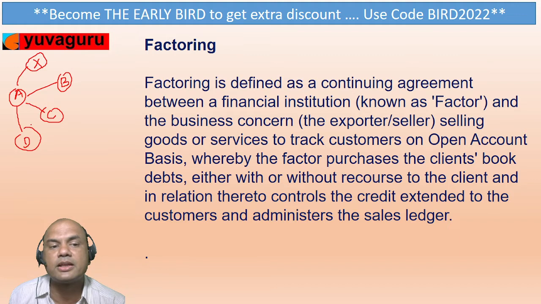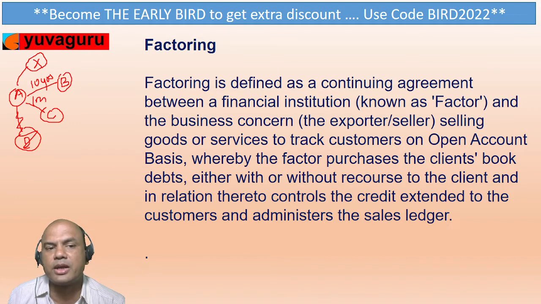What do you mean by this? Let's say A and B are dealing for the last 10 years, and A to C are dealing from the last 1 month, a new customer. Let's take only 2 examples, forget D. So one is dealing for 10 years, second is with 1 month. If I am the bank and I am going to finance A, what relation should I finance?